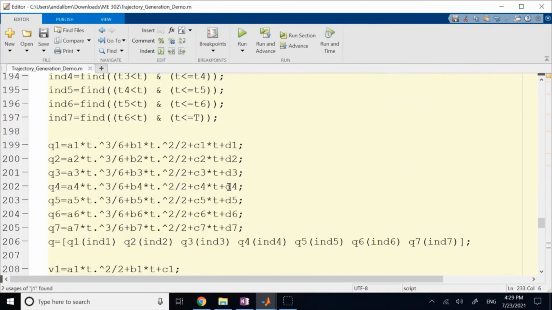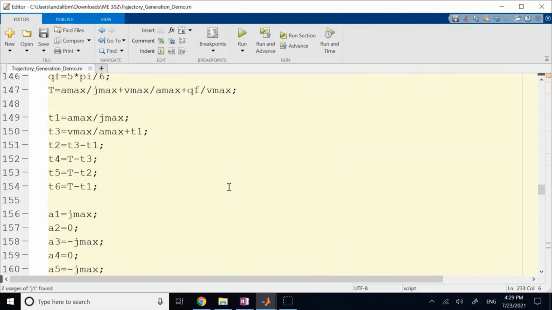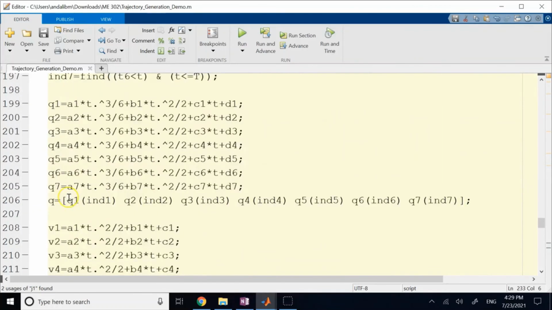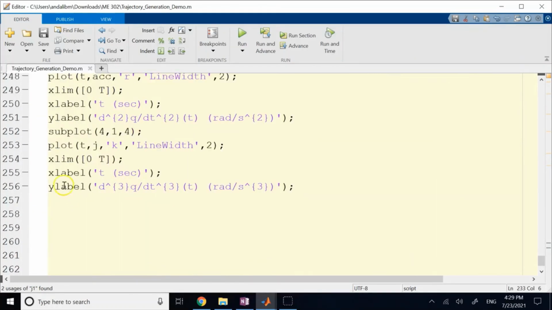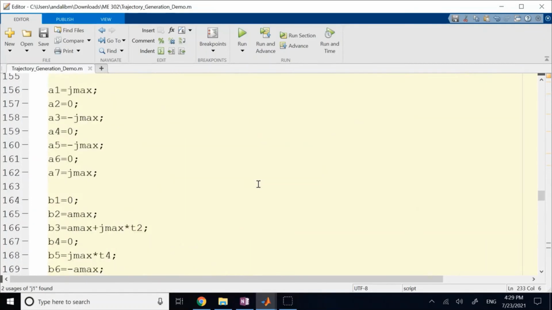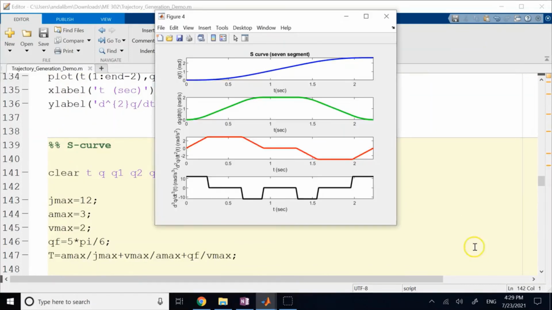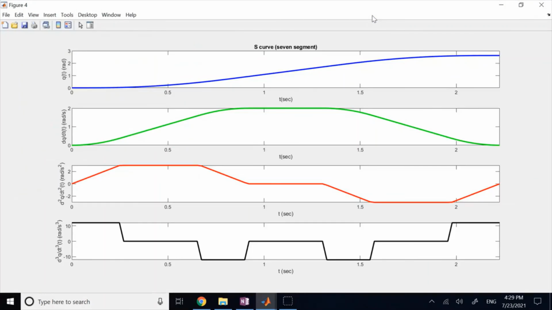And here, if I run this for you, you see I wrote a bunch of code. I started from line 141 and it went to 256. With the spaces, it's probably around 120 lines of code. But here, if I run it for you, you can see the result. Right?